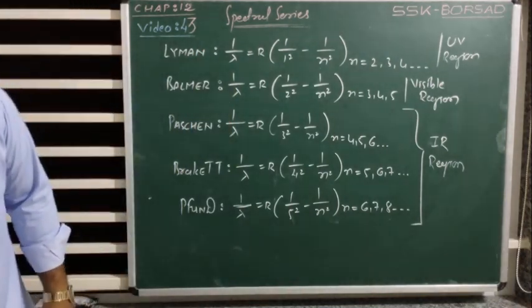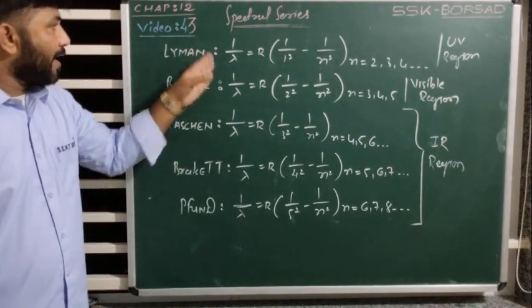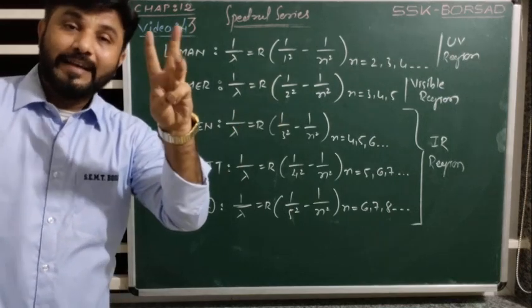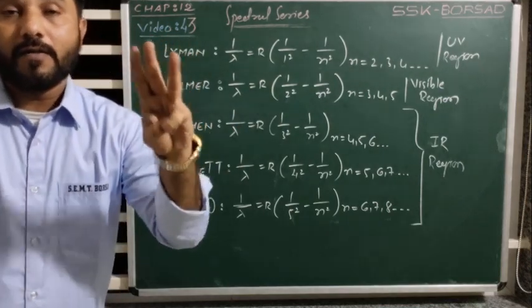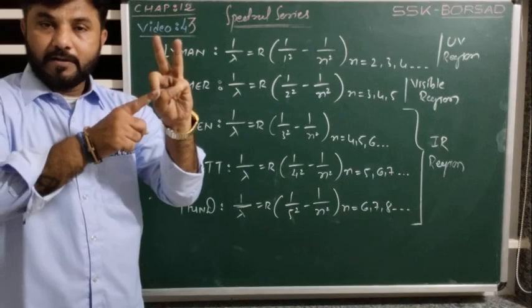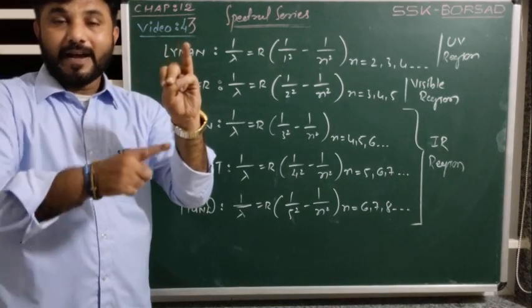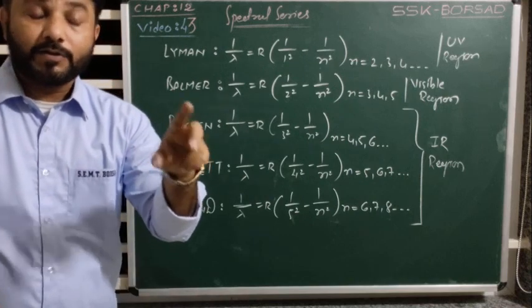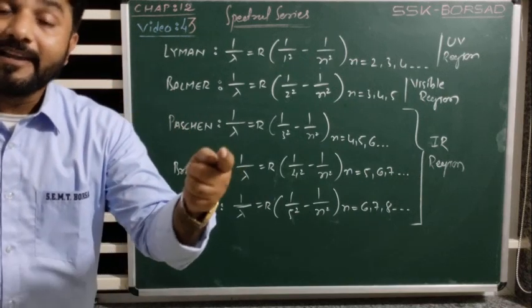Means using these empirical formulas you can obtain the spectral series for only and only 3 atoms. Which are they? Hydrogen, singly ionized helium, and third, doubly ionized lithium.